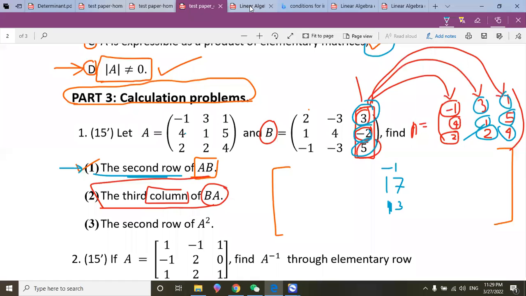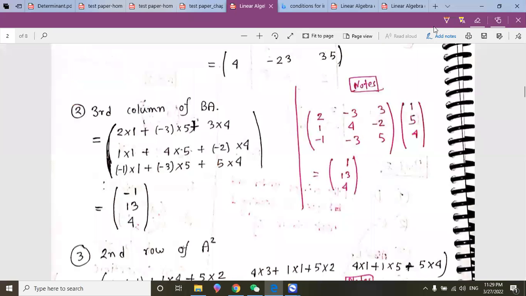So let's see the answer. Okay, minus 1, minus 1, 13, and 4.